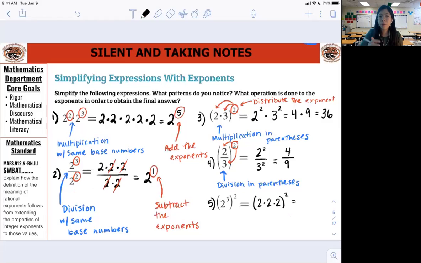And then we had to take that to the second power. Well, this is the same as 2 times 2 times 2 times 2 times 2 times 2. When you take something to the second power, you're simply multiplying it by itself. How many 2's do I now have? 6. 2 to the power of 6.